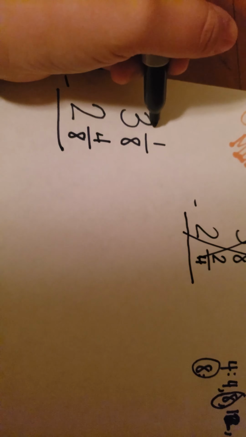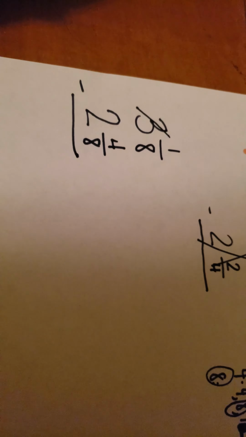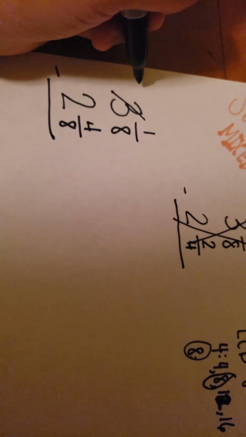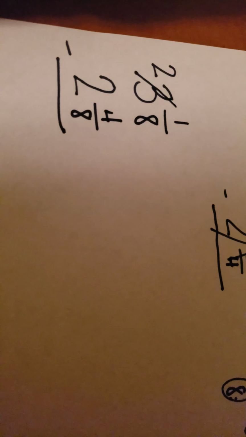So I'm going to go over to my 3 and I'm going to borrow. I'm going to take 1 whole from this 3. If I take 1 whole from the 3, it will make it a 2. But how do I give 1 whole to this 1/8? As we've talked about, if a fraction has the same number on the top and the bottom, it equals 1 whole.